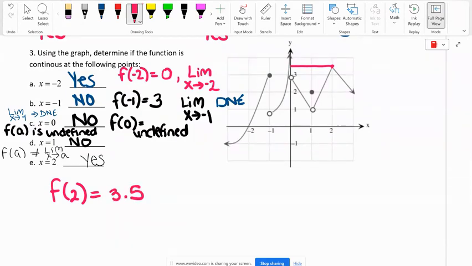And then we're going to look, what is the limit as x approaches 2? Right here from the left side, it's 3.5. From the right side, it's 3.5. So yes, it is.